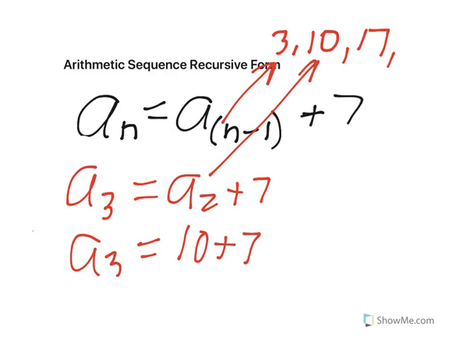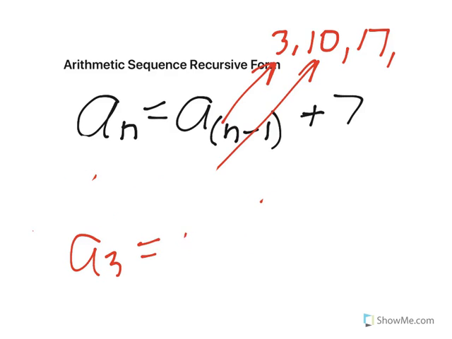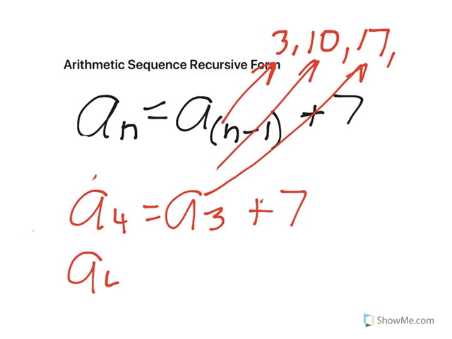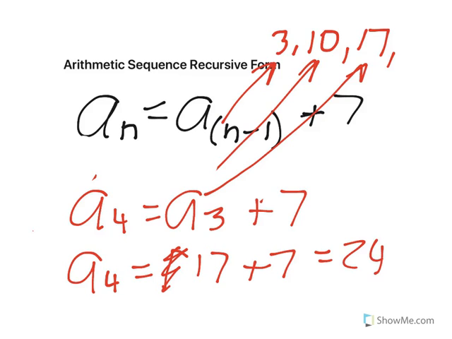And then finally, a sub 4. See the pattern here? A sub 4 is equal to a sub 3 plus 7. And we know a sub 3 is 17, so a sub 4 is equal to 17 plus 7, which is 24. And that gives us our fourth term.